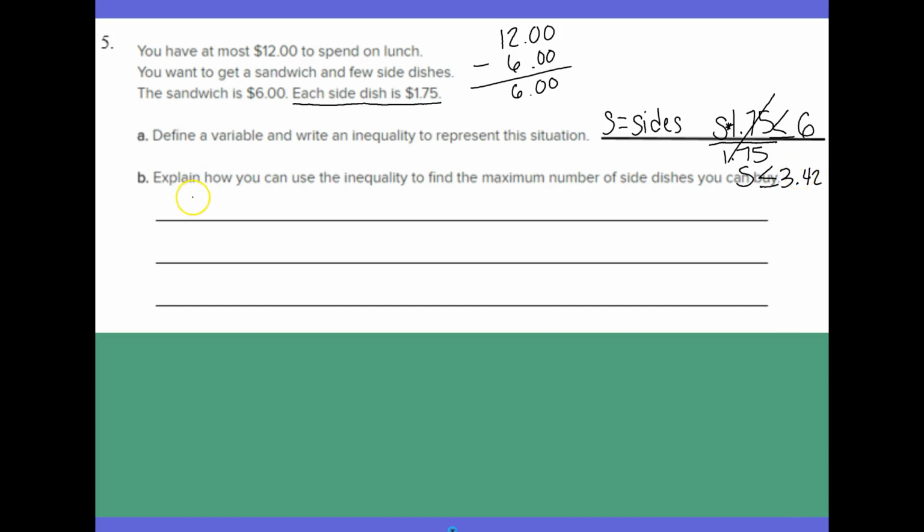So I can buy 0, 1, 2, or 3 sides, right? I'm allowed to go into a restaurant and buy 0 sides and walk away with my $6. That's fine. But if I want to spend all $6, I can buy 3 sides with that $6, right?